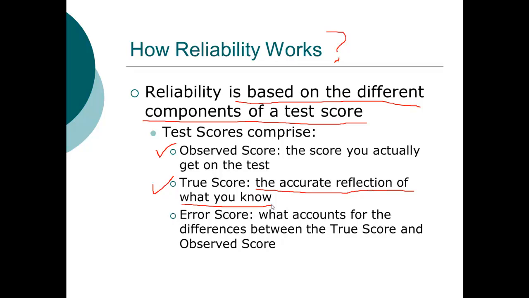But the true score, and that may be a theoretical thing, would be if I took the test, and it would be an accurate reflection of what I know on that test. And so the difference between the true score and an observed score is the error score.